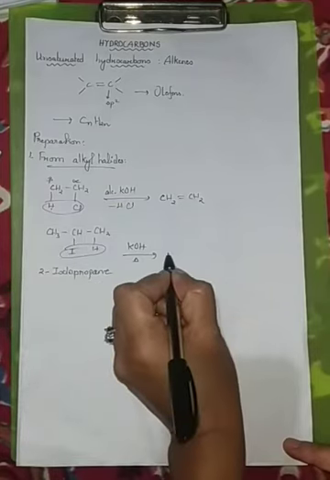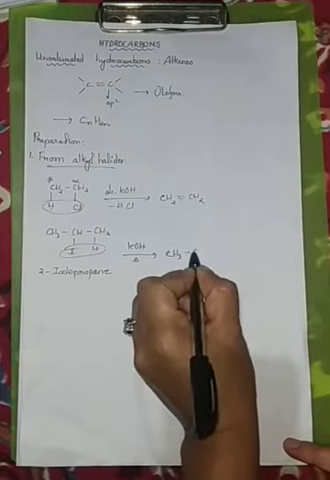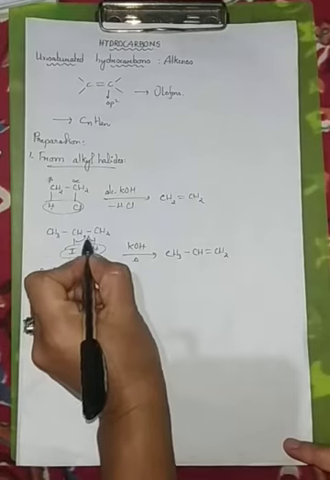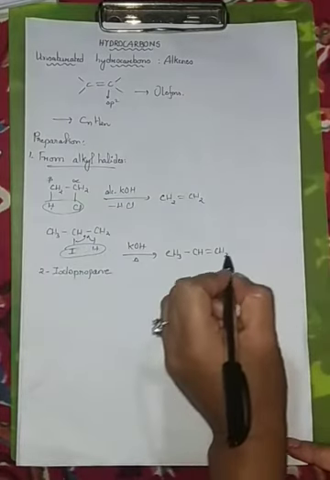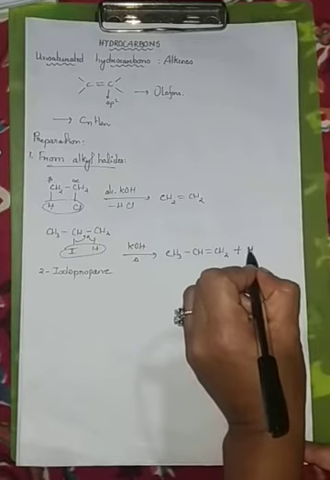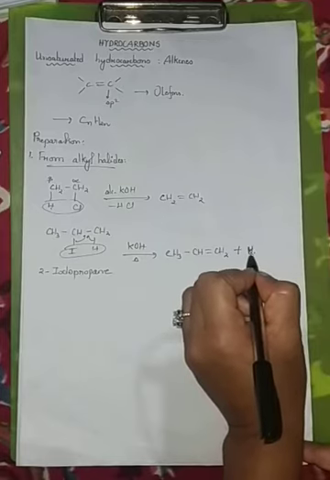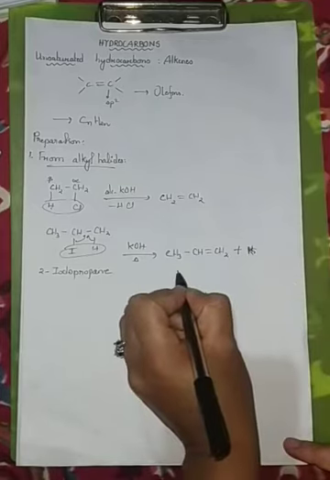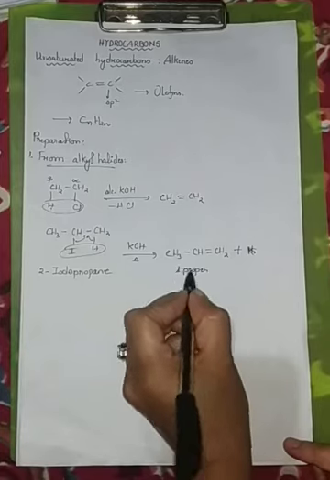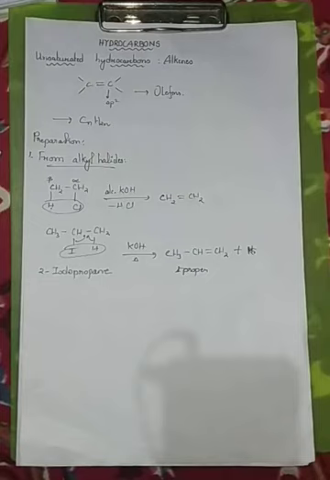Therefore we will be getting CH3CH=CH2, because the double bond goes here. This is our propene molecule. In this way, alkenes are prepared from alkyl halides.